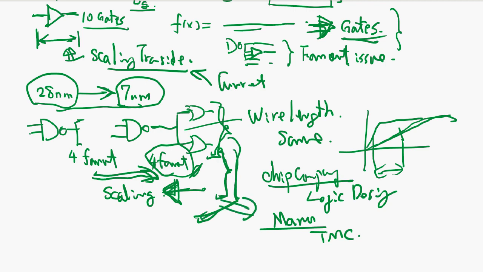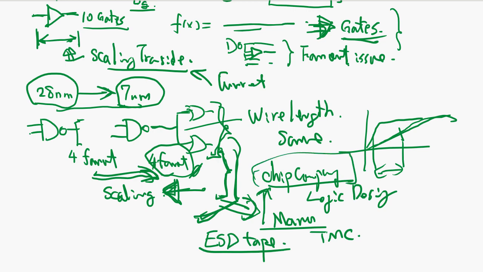They just scale it, and tell the chip company, give me your ESD tape to make a chip. So the chip company has to do it, but Qualcomm and those companies don't have engineers who do this kind of evaluation.